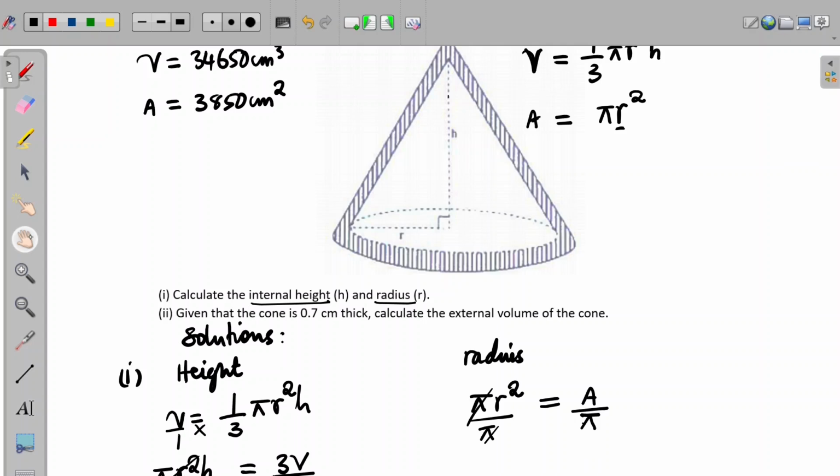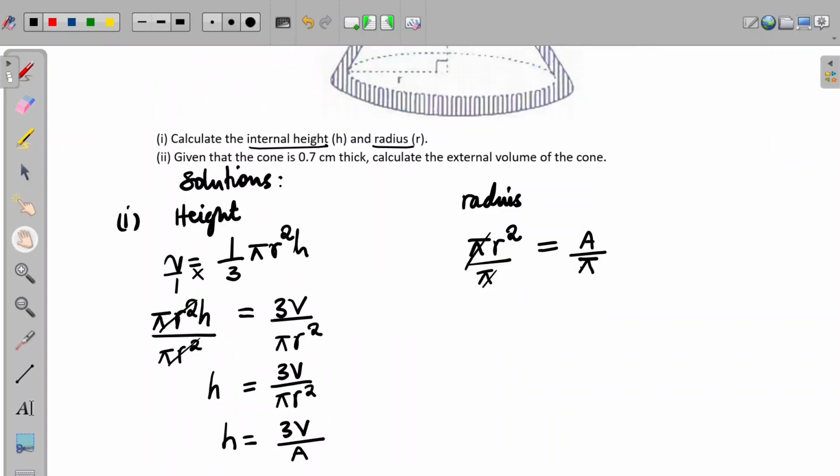So we'll have radius squared is equal to area over pi. Now to find radius, not radius squared, we square root this side and also square root this side, so that this and that will go. So radius is equal to the square root of area over pi. You've seen?